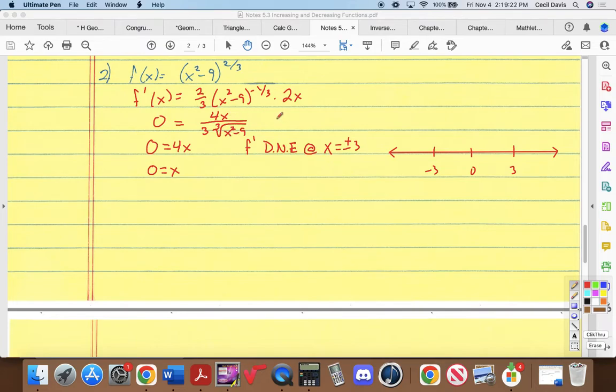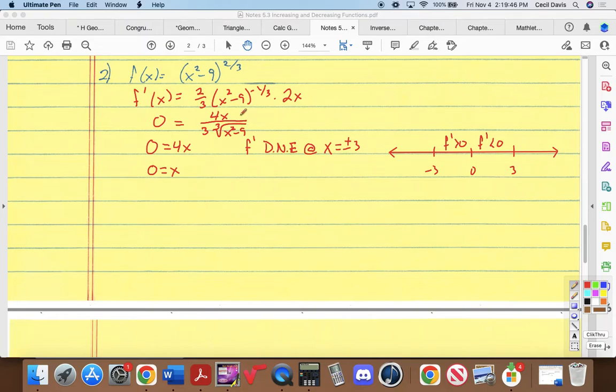So if I put in negative 1, the numerator is going to be negative. The denominator is also going to be negative because I'm taking the cube root of a negative. So f prime greater than 0. If I substitute in positive 1, the numerator is now positive, but the denominator is still negative. F prime less than 0.